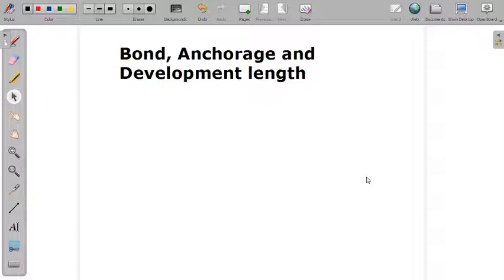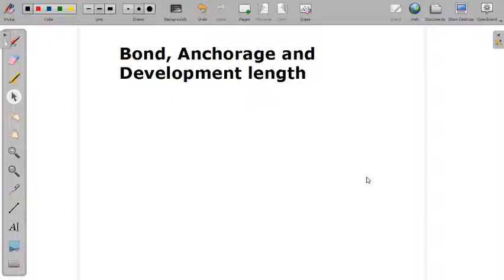Since I am talking about the bonds, that means there is some kind of bond stress there. Basically it is defined as the shear force per unit nominal surface area of reinforcing bar. What I mean to say is, what is the total shear force that is acting per unit area of the reinforcing bar we are using?